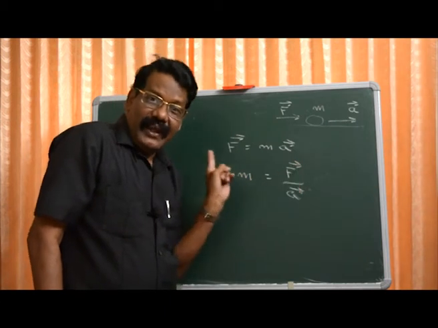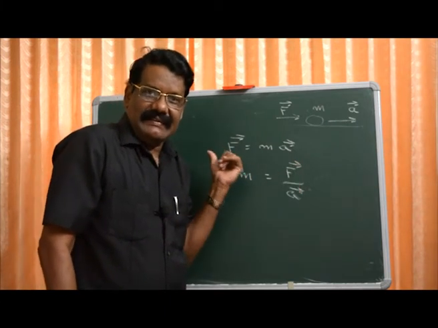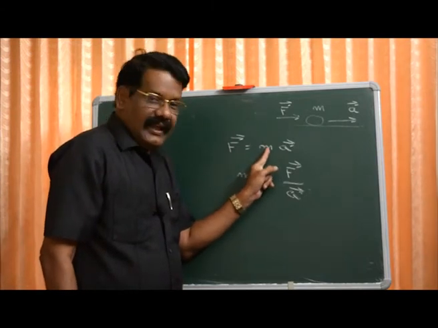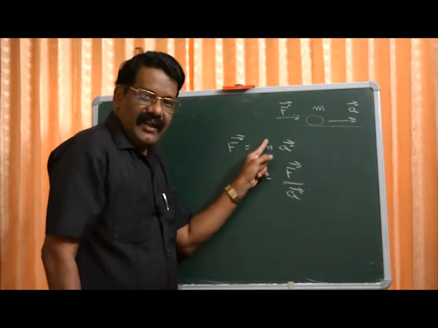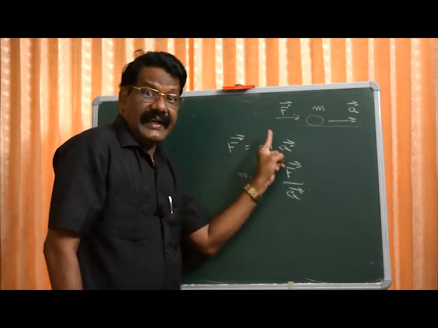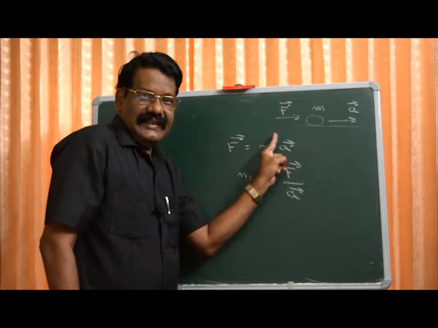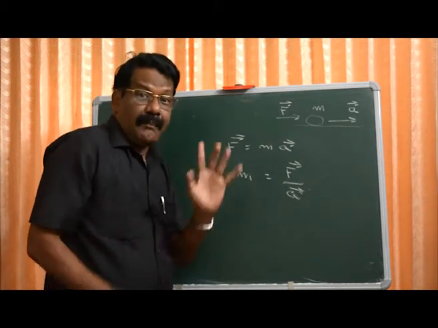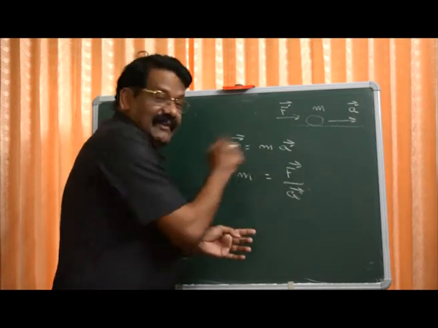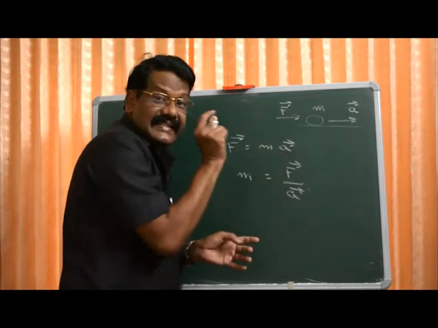Now I am going to redefine a scalar quantity. A scalar quantity is a coupling constant between two vectors acting in the same direction.